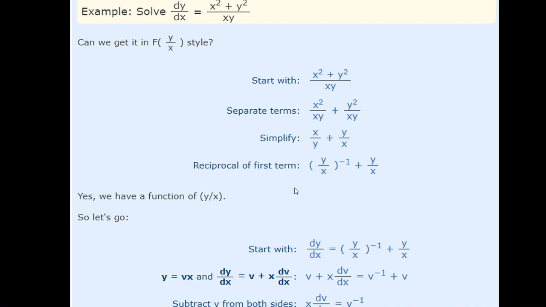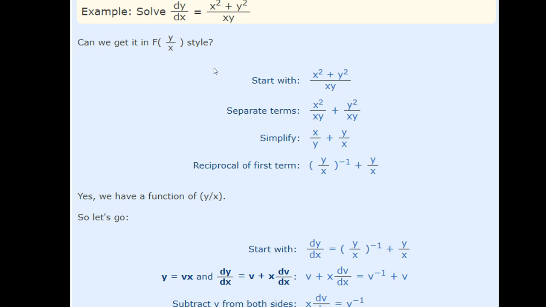So we have a function now of y over x. So it's important, class, that you see that we have manipulated x over y into its equivalent y over x here. And it was raised to negative 1 so that it would still be equal to this one.